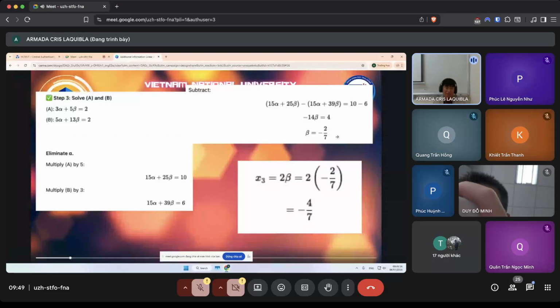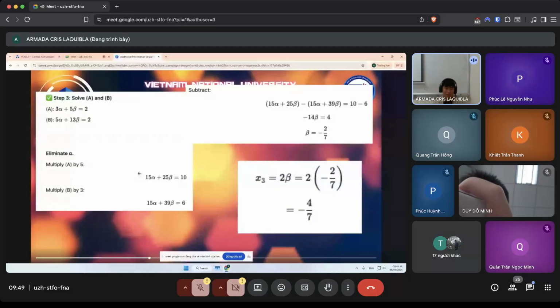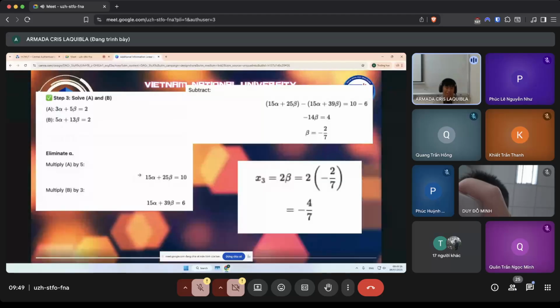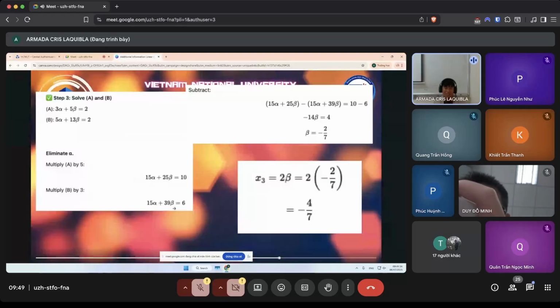So what I did here is I used elimination. I multiply here with 5 at the top. So 15 alpha plus 25 beta is equal to 10. And then multiply 3 here, the second equation. We have 15 alpha plus 39 beta is equal to 6. Now they have the same 15 alpha here.